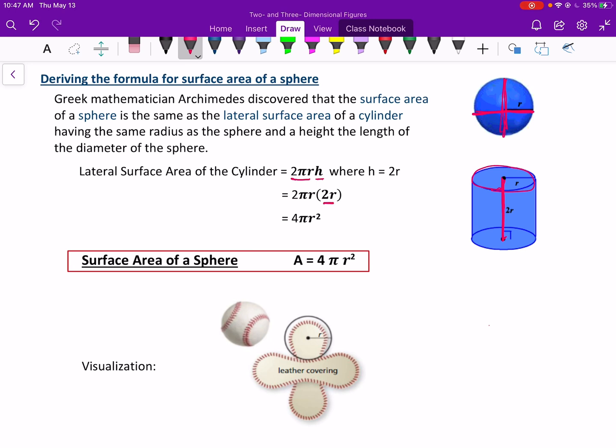So I put that in. 2 times 2 is 4. R times R is R squared. And so we end up with our formula for the surface area of a sphere: 4 pi R squared.